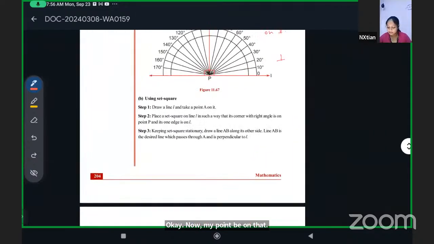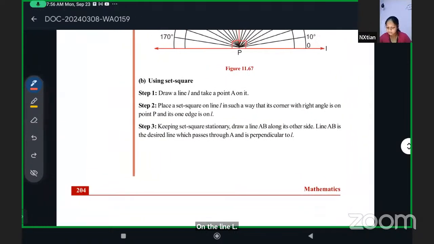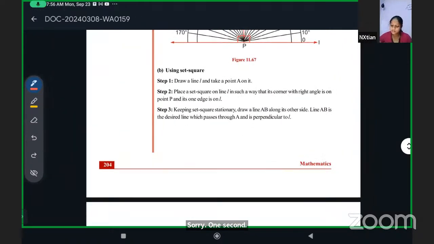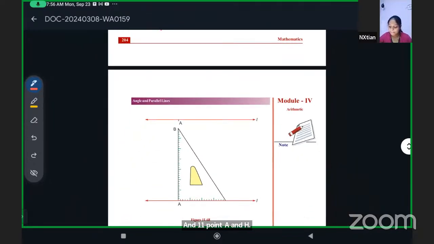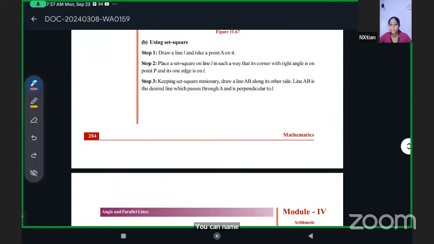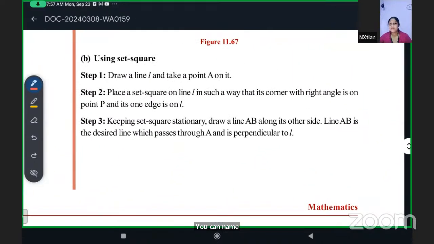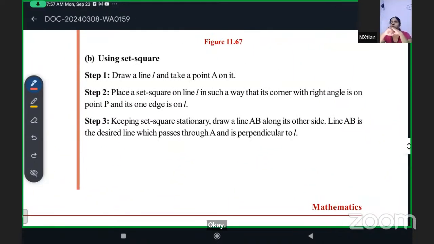Angle is on point P and one edge on L. You can name it anything, point A or point P. So mark a point, let's say point A, on line L, a little to the left from the center.